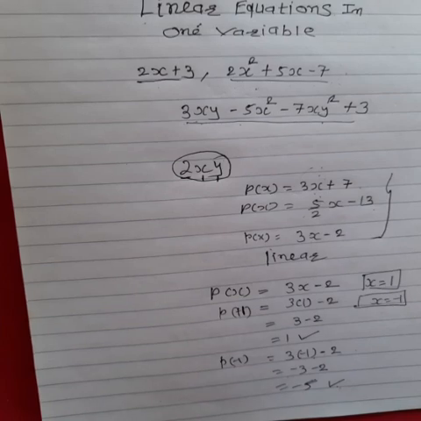So for different values of the variable, you get different values of P of x. So when the value of the variable changes, the value of the polynomial also changes. That is the nature of a polynomial.